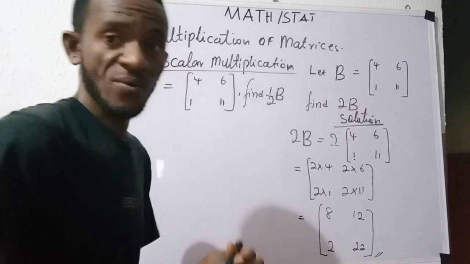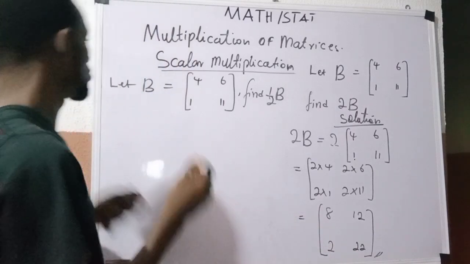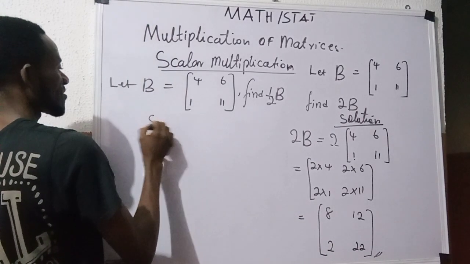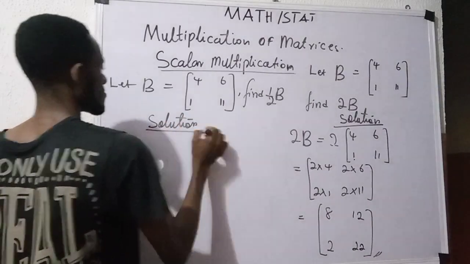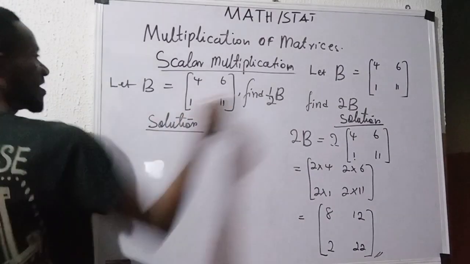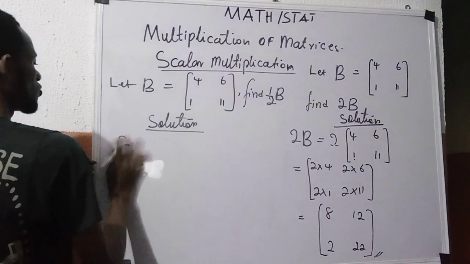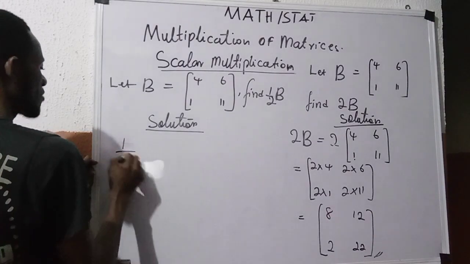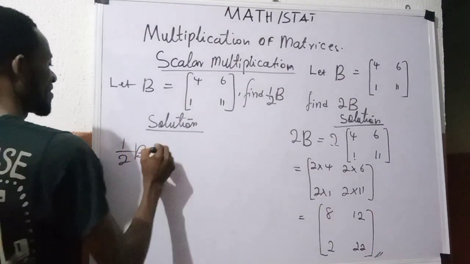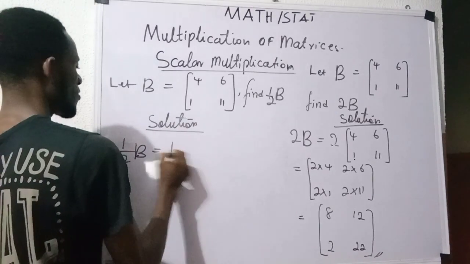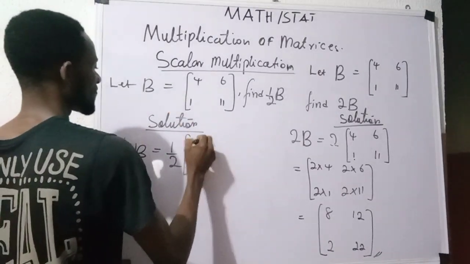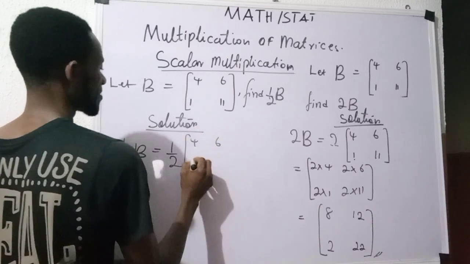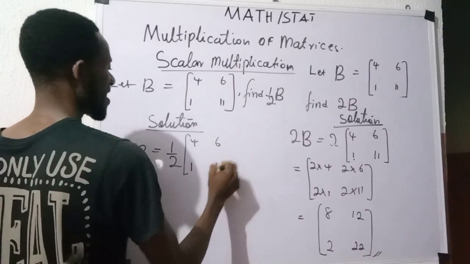it's still very simple. What I come here to do, as a way of solution, I will say that 1 over 2B equals 1 over 2 times my B, which has been defined as 4, 6, 1, 11.